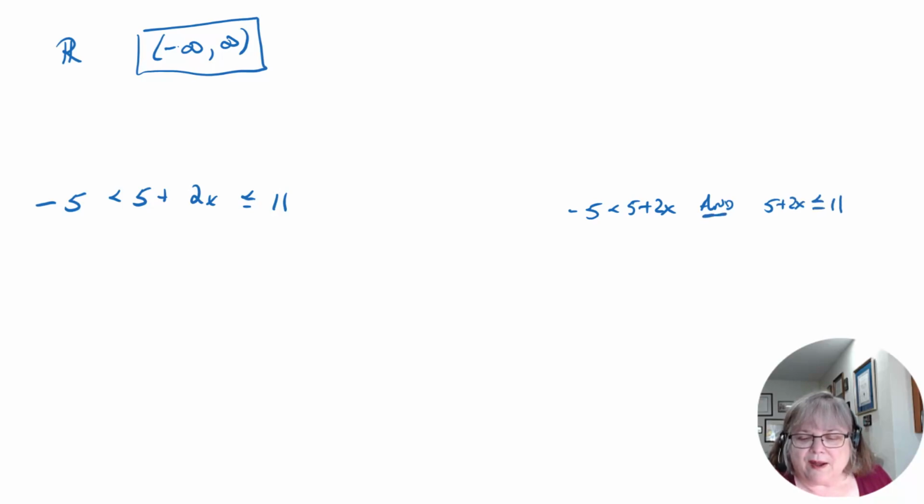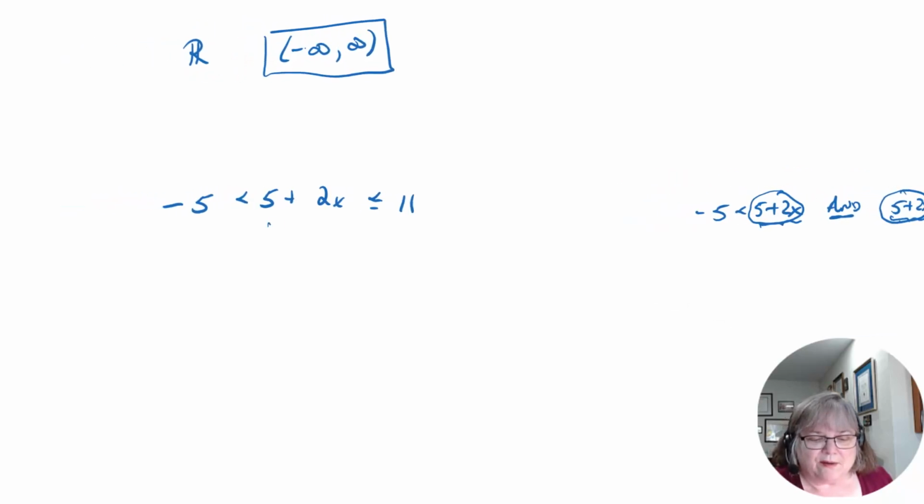So you can combine these by seeing this kind of common phrase, common set of terms. So you can combine those by just writing this here in the middle.